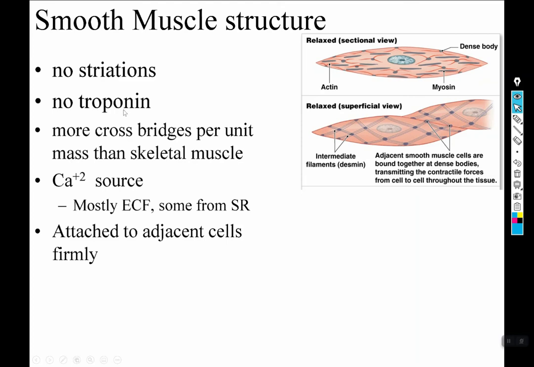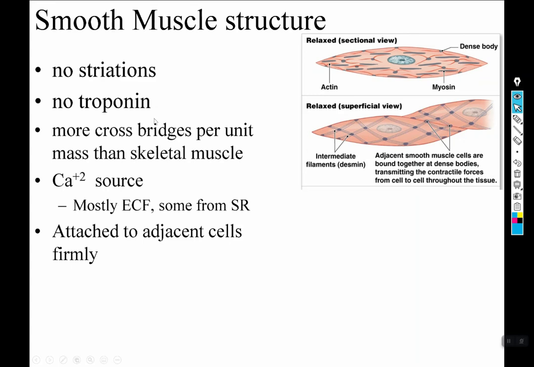And here's the deal with this. It seems confusing because you might be wondering, well, don't we need troponin to bind to calcium to remove the tropomyosin from the active site of the actin? And the answer is, yeah, in striated muscle you do. But in smooth muscle, calcium is going to complex with a protein called calmodulin, and it's calmodulin that is forming that function that basically frees up the active site of actin.